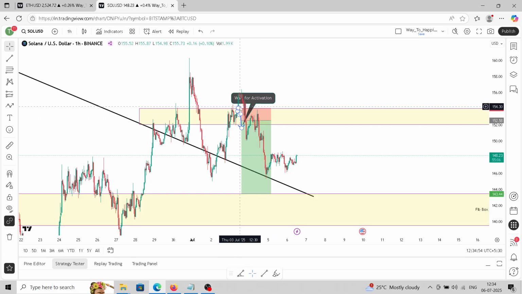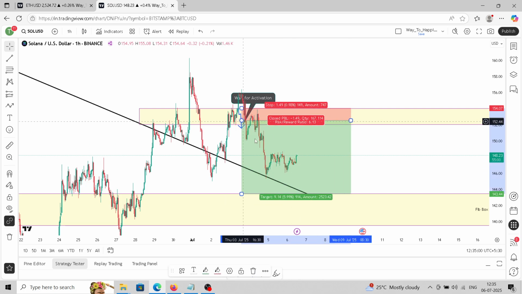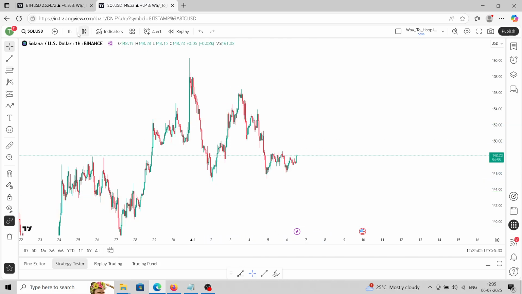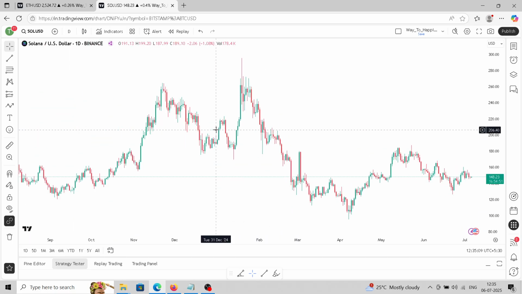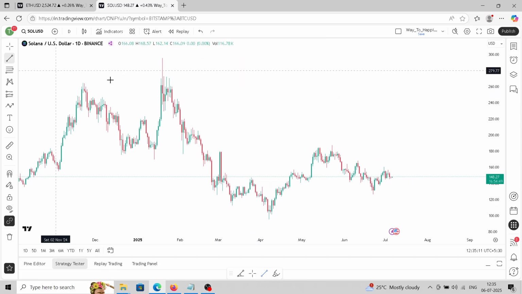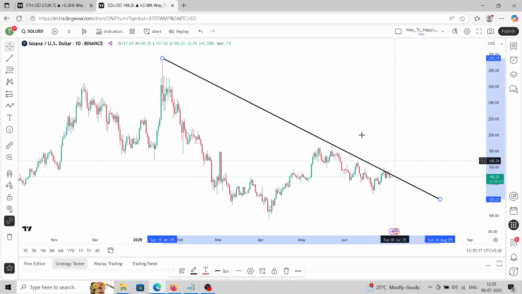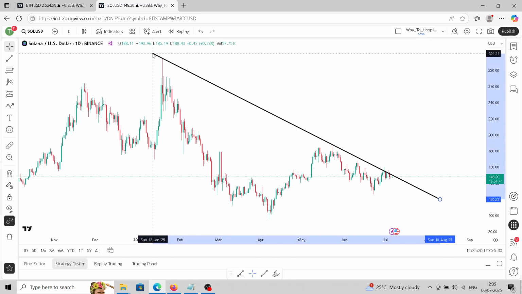Okay, Sol, this trade got activated and is still running. You look at this trade, still going on. But let me delete everything here and let me take you to the daily time frame. In the daily time frame, is there any pattern? Any pattern which is getting created? Yes, there is a pattern.